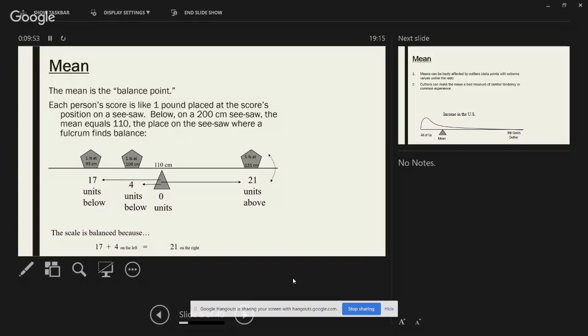So we need to find the balancing point here, which is basically the mean, so that the balance on both sides remains the same, and our seesaw doesn't bend to any side. If we use mean here, we can find out that the value for the mean is 110 centimeters. So if we put the fulcrum at 110 centimeters, our seesaw is not going to bend to any side, and we will find a balance point. That's why we can also call mean a balance point if you want to.